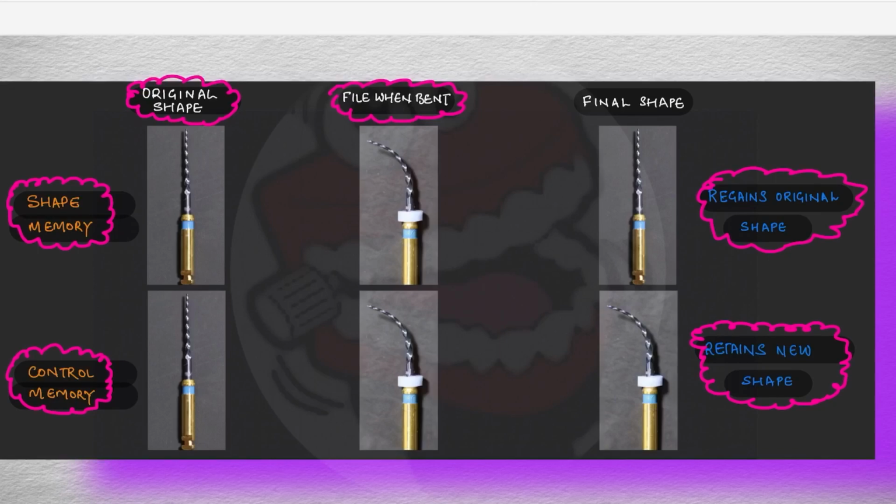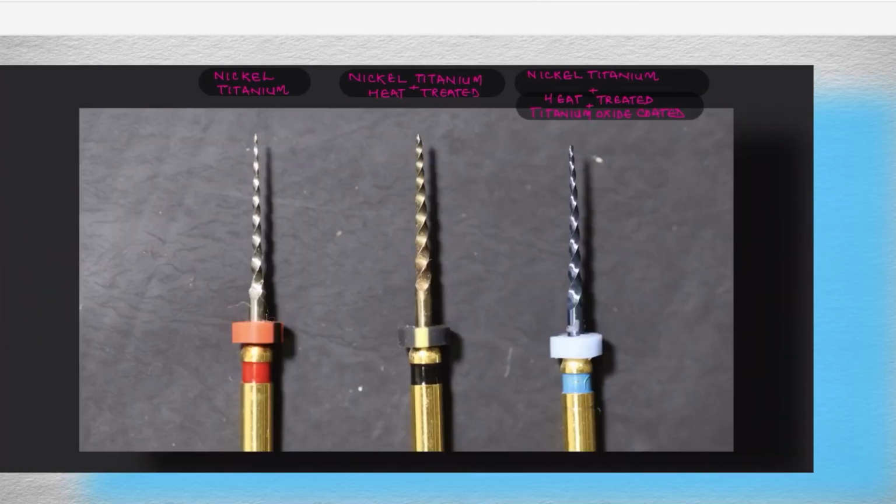Okay, now let's proceed further. There are different things to be considered for the pediatric rotary file, especially related to the Kido file system. The first file that we are seeing over here is a nickel titanium file. This nickel titanium file was later given a heat treatment so that it has increased bending efficiency.